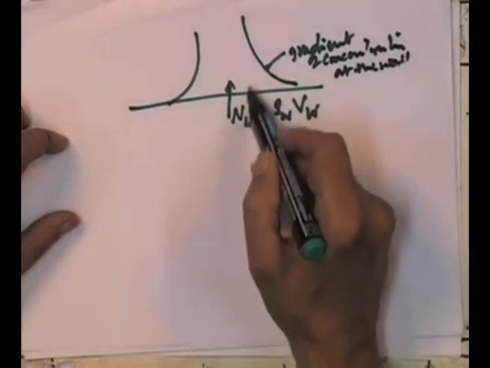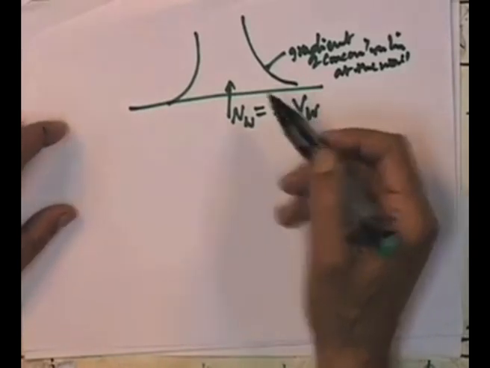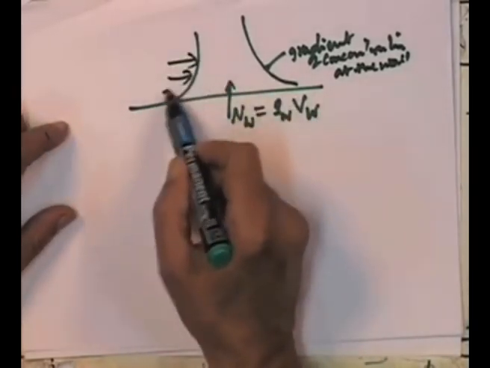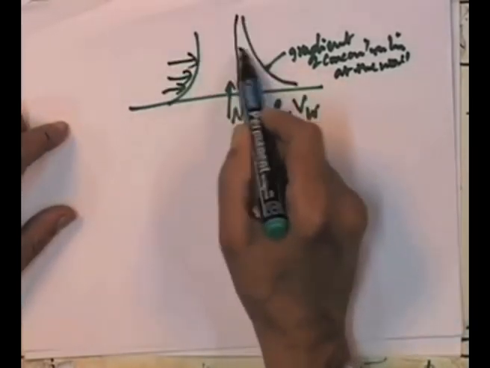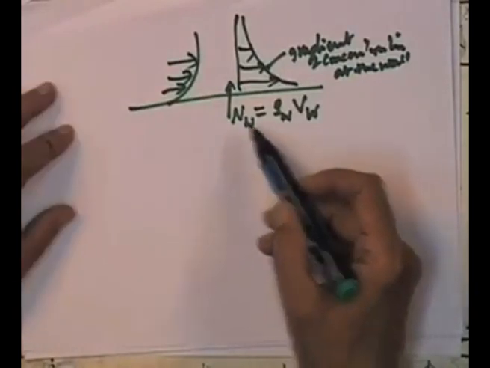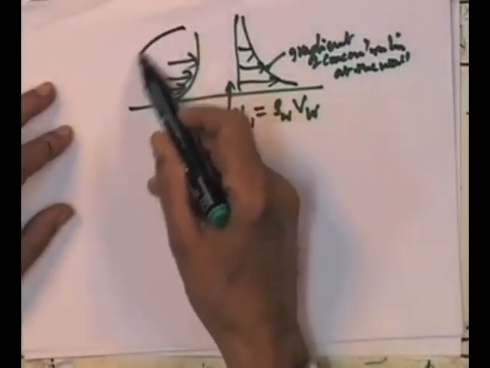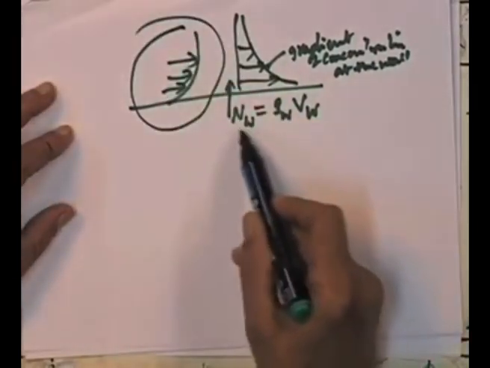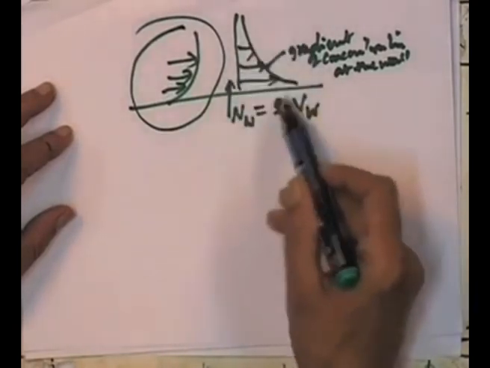That is what brings about mass transfer. And therefore, the velocity profile and the concentration profile are actually coupled to each other. So, you could not solve the momentum equation independently of the concentration problem.